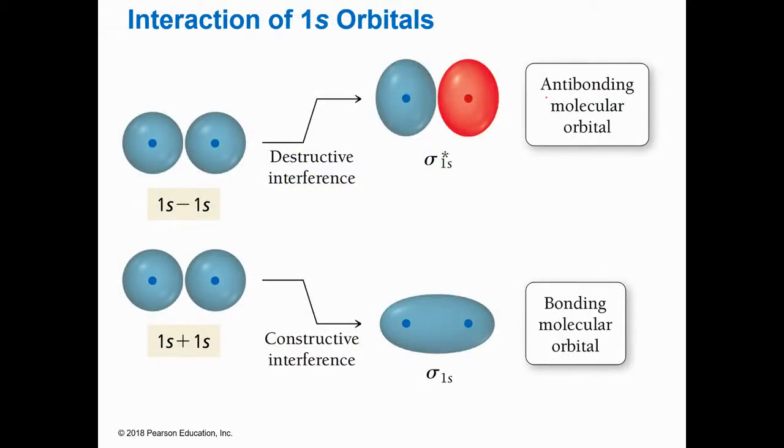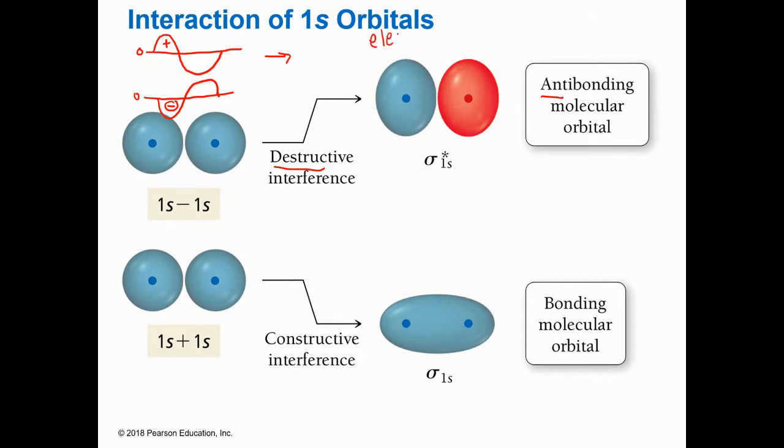We get anti-bonding with destructive interference. What do I mean by that? Remember I said to think of electrons as a wave? Well, if I have two waves and they are not in sync, right? So this is up, positive above zero. This is negative below. What we're going to get is this anti-bonding due to destructive interference.